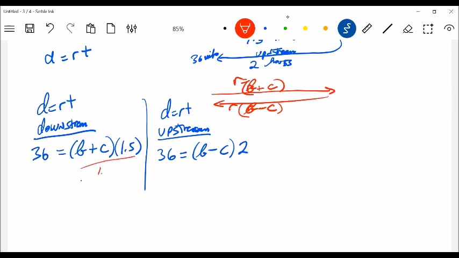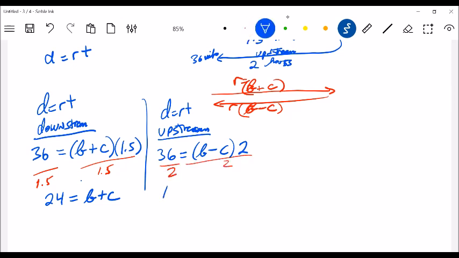Instead, let's divide both sides by 1.5, and we get a much easier answer. 36 divided by 1.5 is going to give me 24 equals B plus C. Over here, if I divide by the 2, I get 18 equals B minus C. I have two equations. Let's put them both over here.